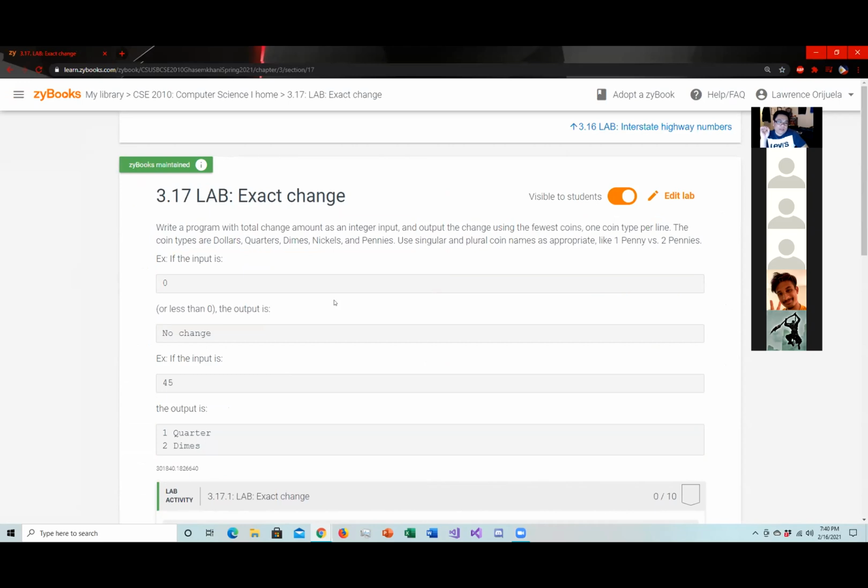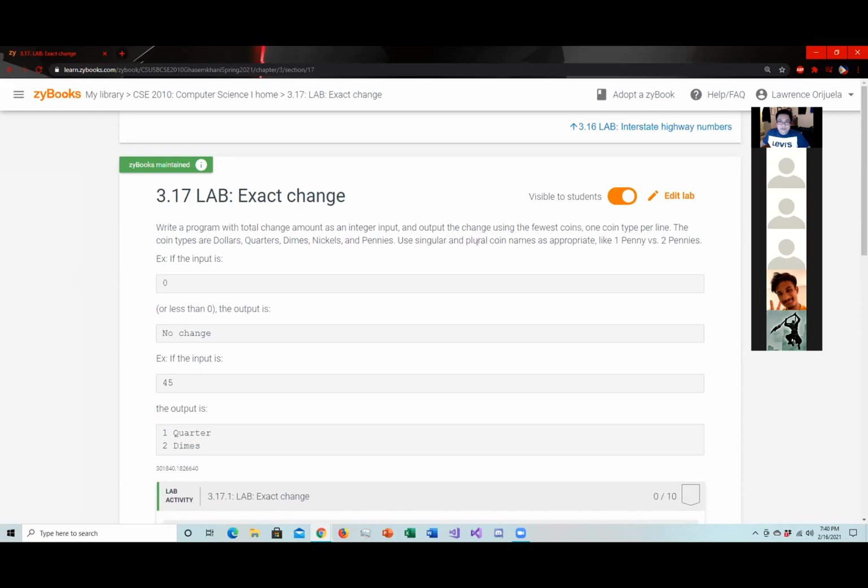So lab 3.17, exact change. It says write a program with total change amount as an integer input and output the change using the fewest coins, one coin type per line. The coin types are dollars, quarters, dimes, nickels, pennies.